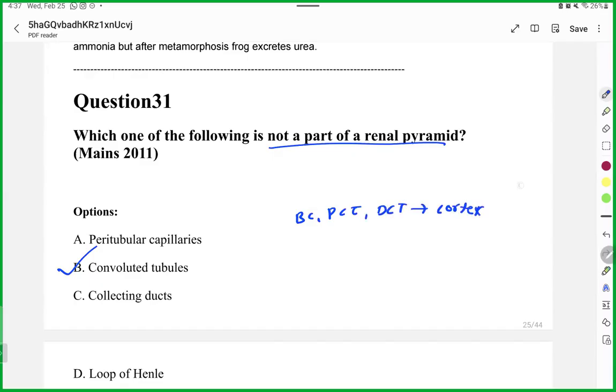Loop of Henle and collecting duct are part of the medulla region. They're asking which one is not part of the medulla. Convoluted tubule means PCT, DCT, which are not part. Collecting duct is there, loop of Henle there, peritubular capillary there. Peritubular capillary means vasa recta. If there is loop of Henle, there is vasa recta.